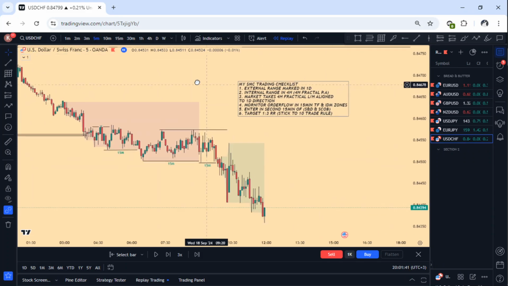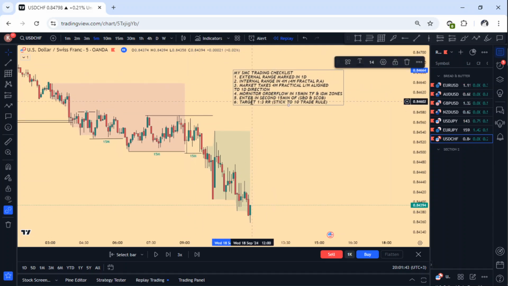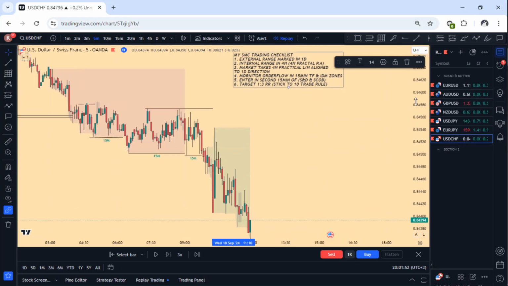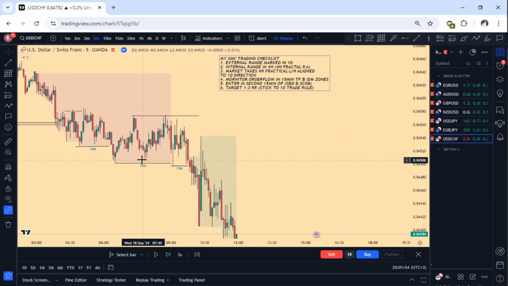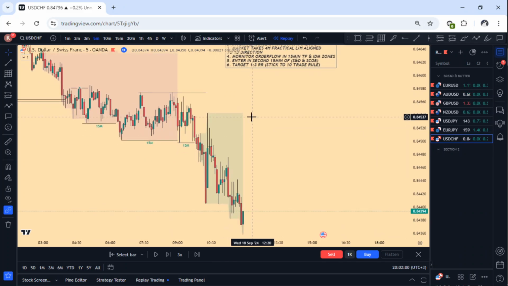Immediately London opened, now everything has ticked in. I'm just waiting for entry, which is done by checking supply and demand and then scope. Within here, this area had already taken even liquidity from 5 minutes, so it was just messy. So I was waiting to see a scope being formed here.